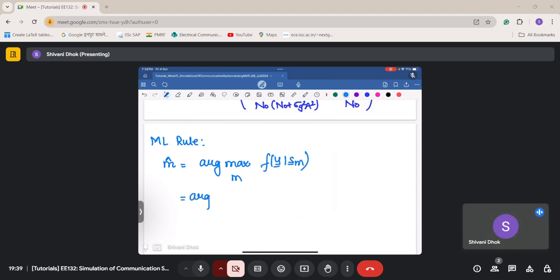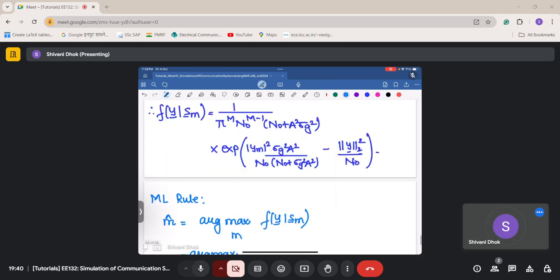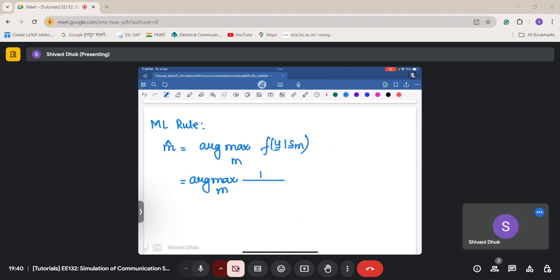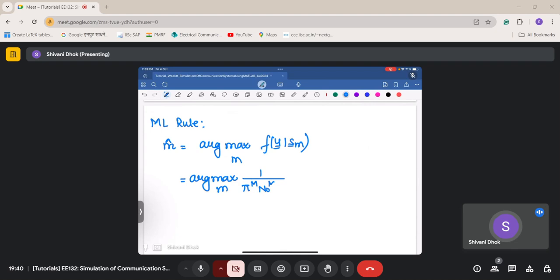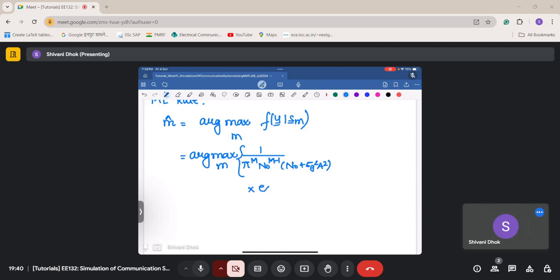So this becomes argmax over m of 1 over pi to the power m, N naught to the power m minus 1 into N naught plus sigma g square A square, multiplied by e power sigma g square A square upon N naught into N naught plus sigma g square A square, magnitude of ym square, minus norm of y square divided by N naught.